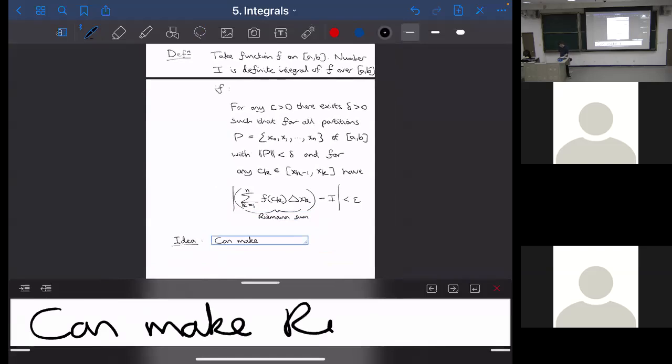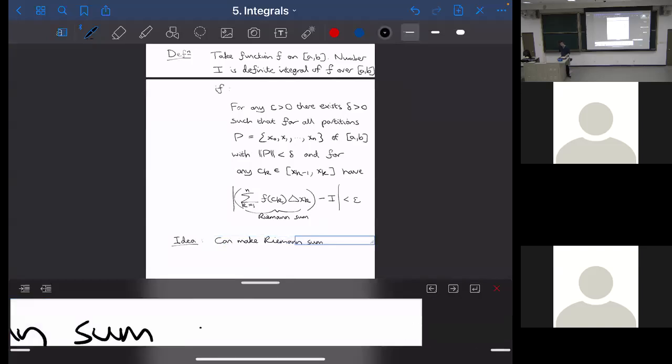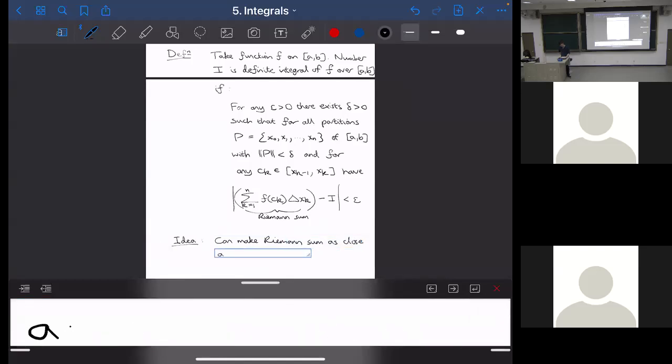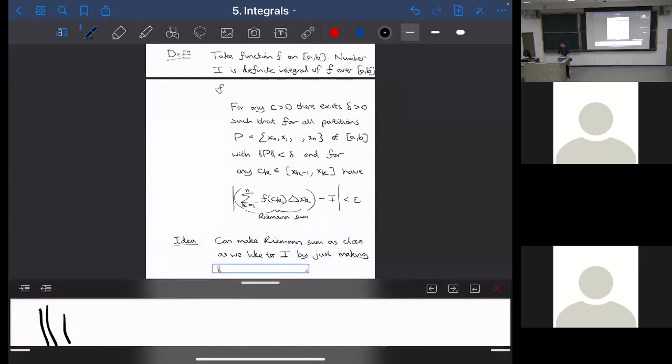We can make the Riemann sum as close as we like to I by just making the size of the partition small.